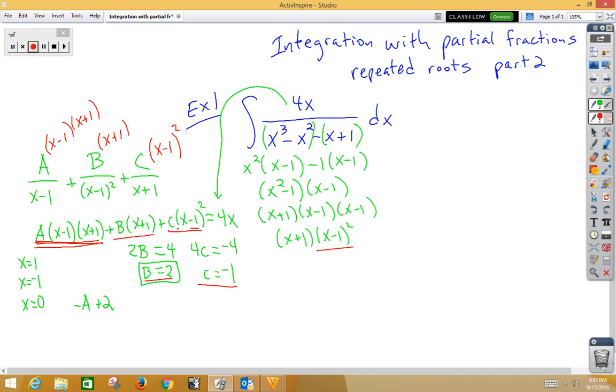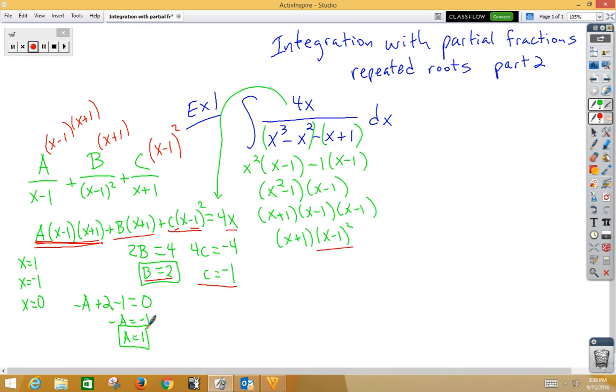If I plug into my third term, I will get negative 1. And if I plug into the right side, I get 0. So I get negative A is equal to negative 1. Therefore, A is positive 1.